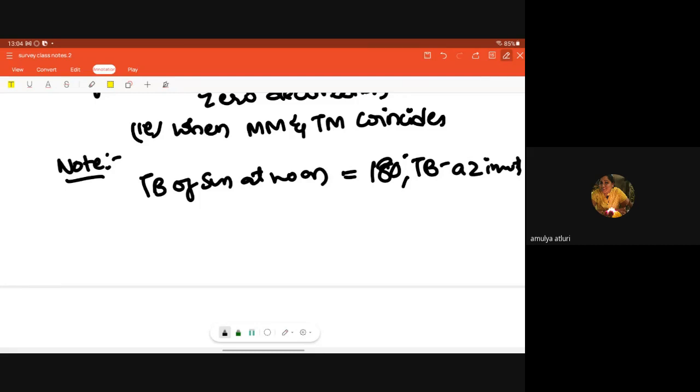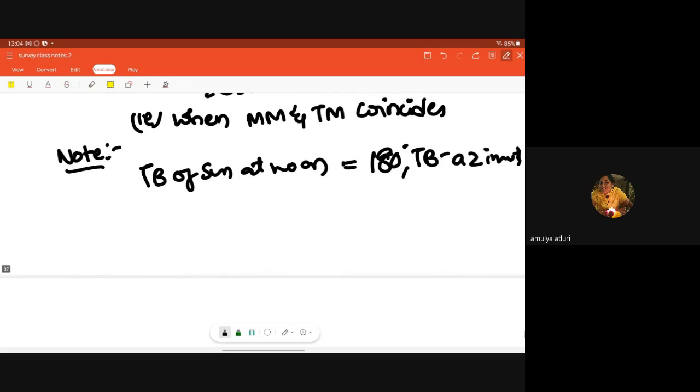Next, one important topic is local attraction. What is local attraction? This is an error. It is the deviation of the magnetic needle under the influence of magnetic materials like fences and steel materials.